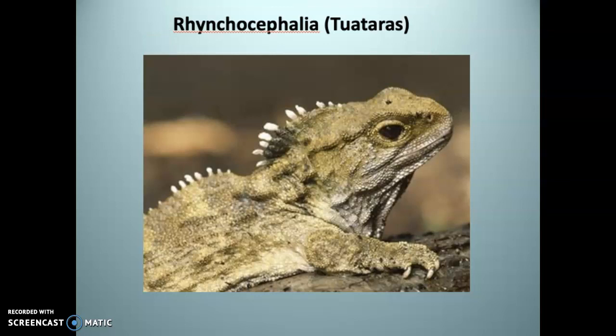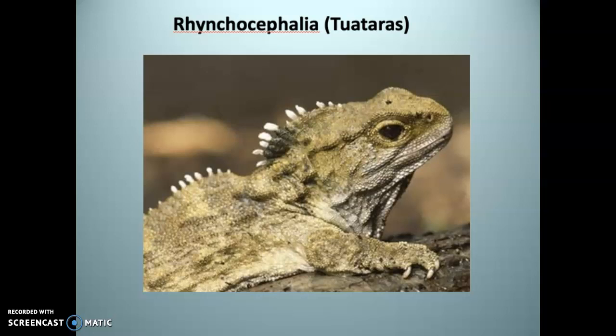There's only one or two species, depending upon which source you're using, that are identified under this particular grouping. Big key feature with the Tuataras, they have what they call the third eye on their forehead. It's a light sensing structure that enables them to detect shadows.